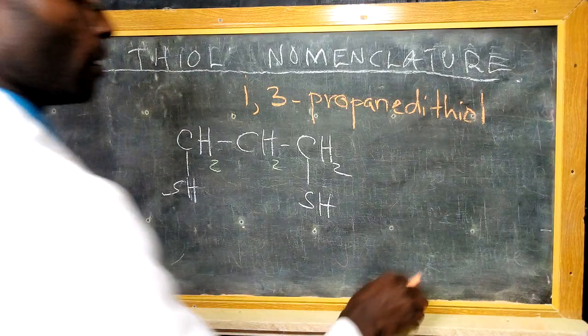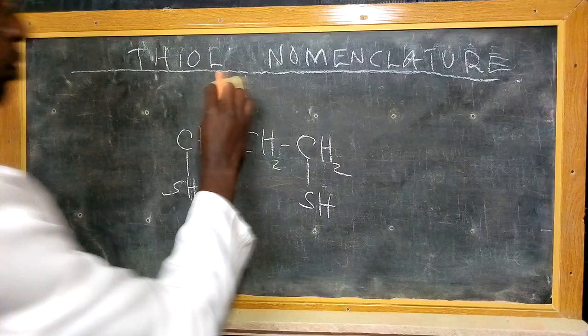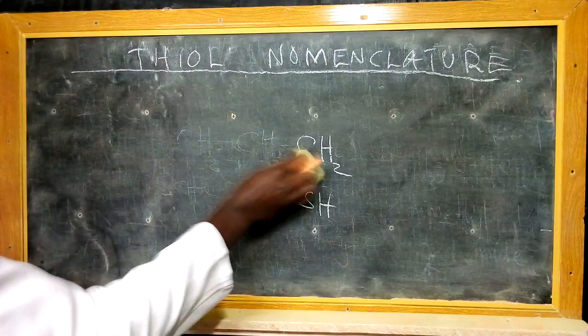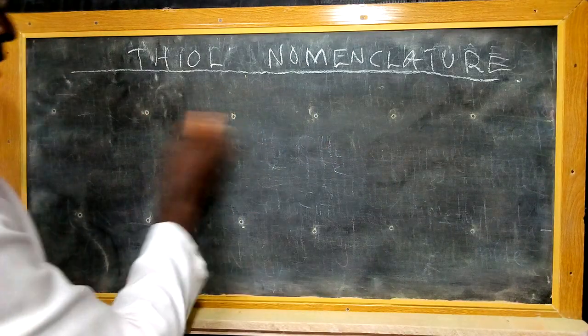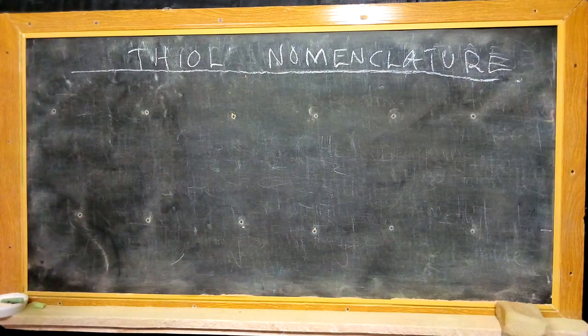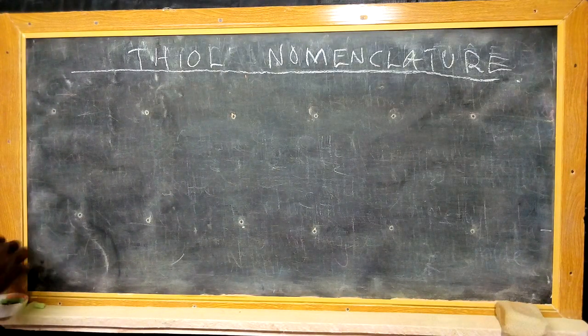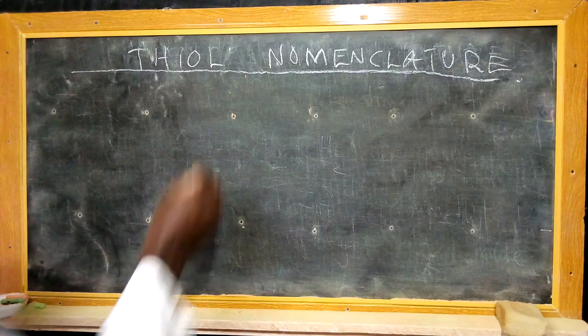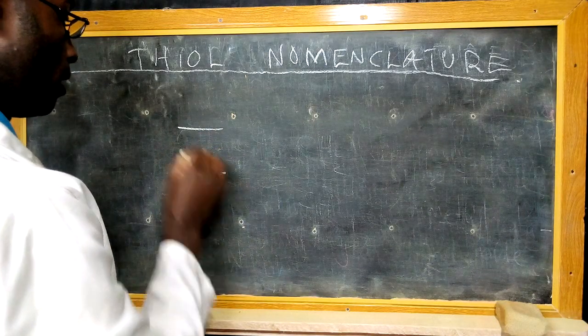So thiols, just like other classes of organic compounds, also can display a cyclic nature, which means some members of the thiol family can be cyclic. They contain rings in that sense, so we shall have an example of that.